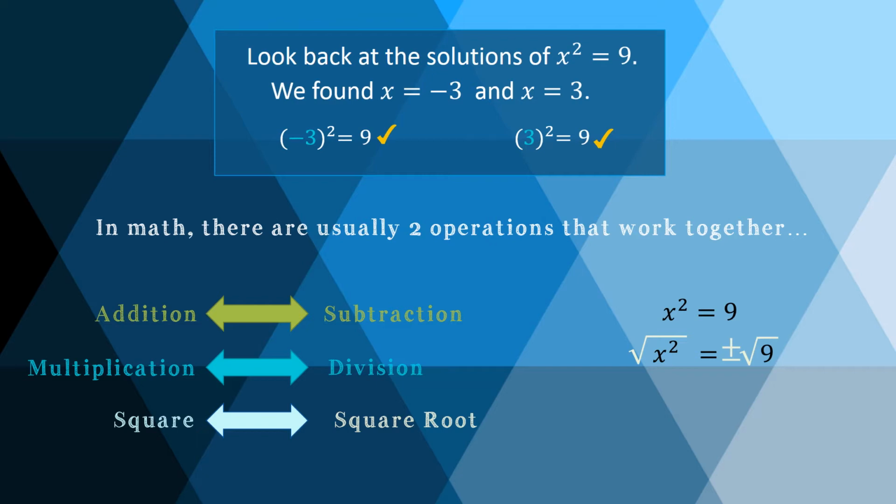On the left side of the equation, the square root and the square undo each other, giving you x equals, and then we have the plus or minus, and we factor the 9 to be 3 times 3. Since we did bring in a radical, we want to pull out any sets if possible, and notice we do have a set of 3's, so your answer is x equals positive or negative 3, which agrees with our solutions we found earlier.